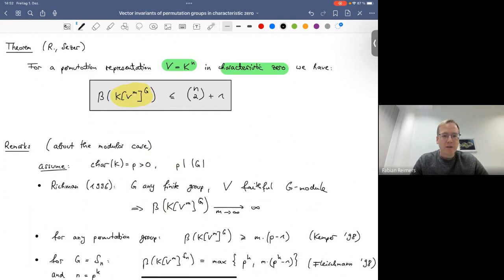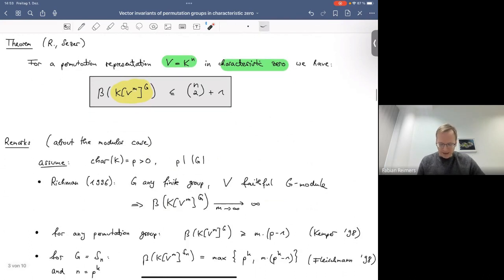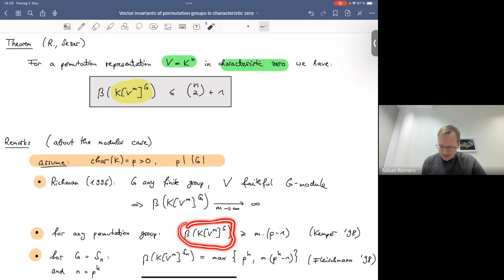For the case that we were interested in, permutation representations, this was also looked at in the modular case. This assumption is meant for all my bullet points. For any permutation group, the lower bound was improved in a paper by Kemper in 1998, where he could show that for a permutation group, the Noether number in this modular case is bounded from below by m times p minus 1.